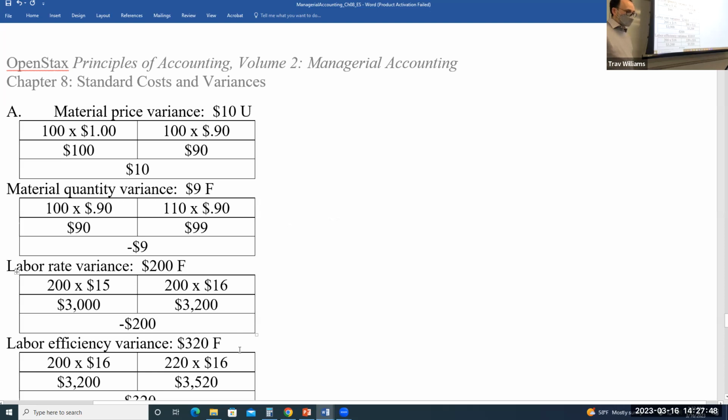And we're still favorable on our labor. So in this scenario, we're favorable all the way around except for the price variance. So the reason might be the same as the first one, except that we're paying a higher price for these better quality materials.